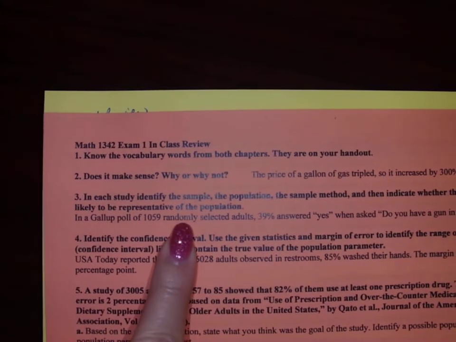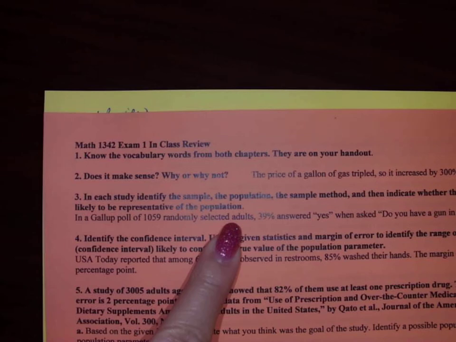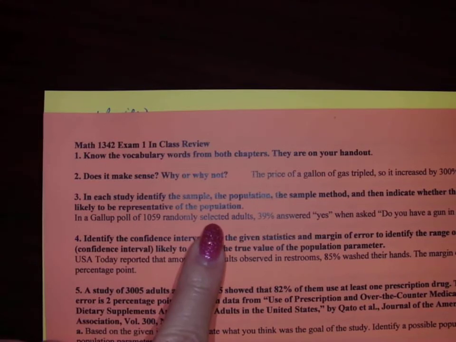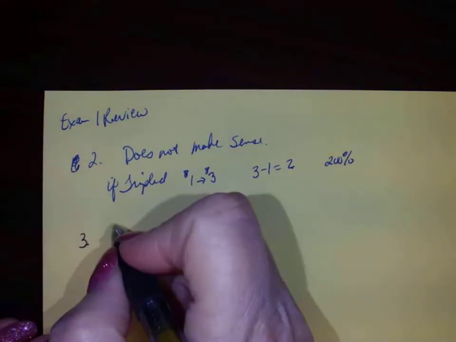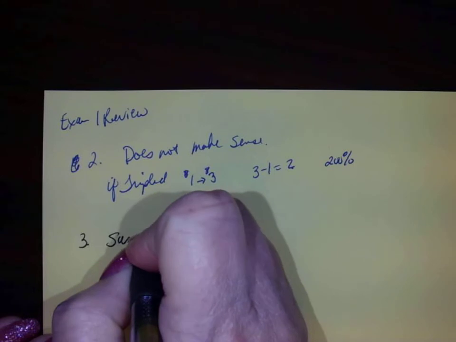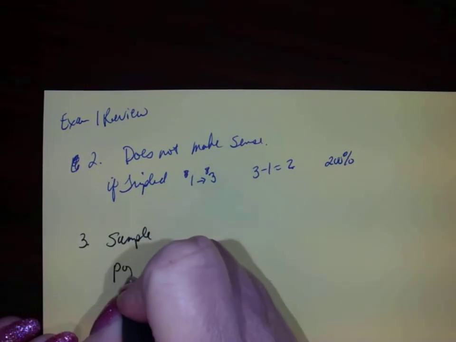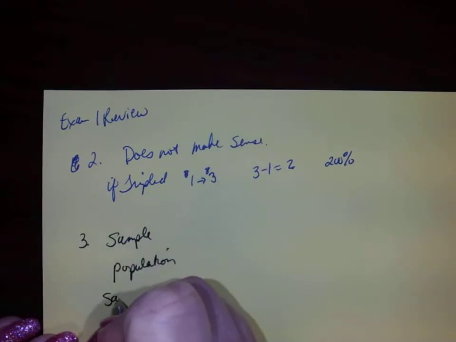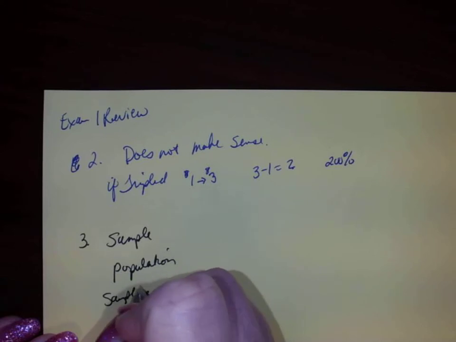So first of all, we're selecting adults. We selected 1,059 adults. So that's going to be our sample. We'll also have our population. We'll have our sampling method.